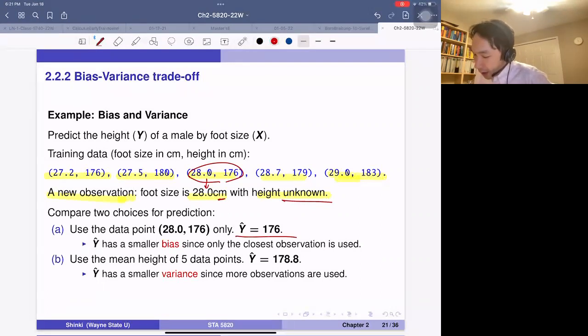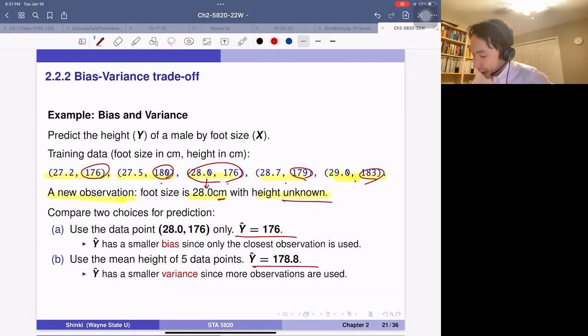The other way to estimate it is to use all 5 observations. Observations have some variability in height, so if we average them out, it stabilizes. So it's good to take the average of these 5 heights. Our estimate is then 178.8.